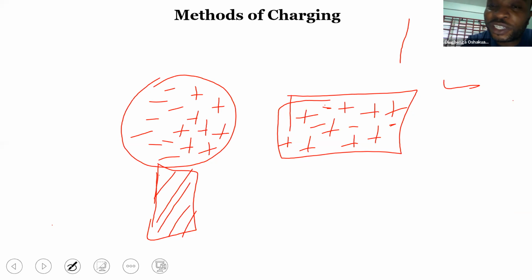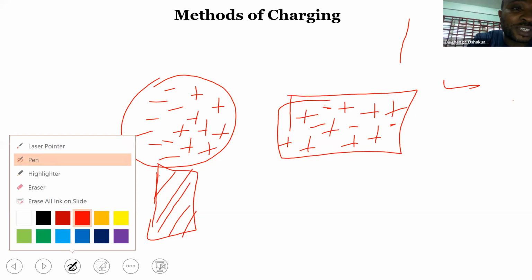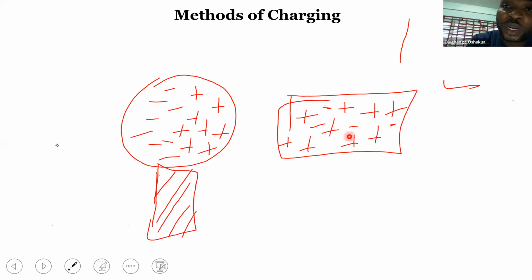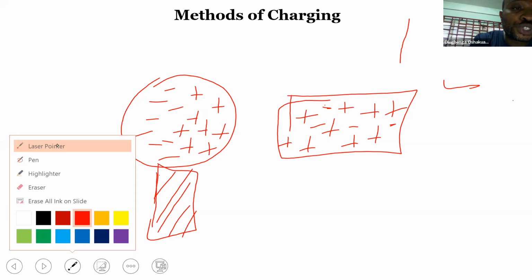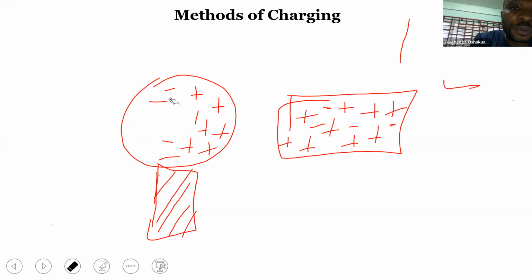When a body having excess positive charges is brought close to a neutral sphere, what we should expect is that the 8 positive and 8 negative charges will be arranged in this manner.